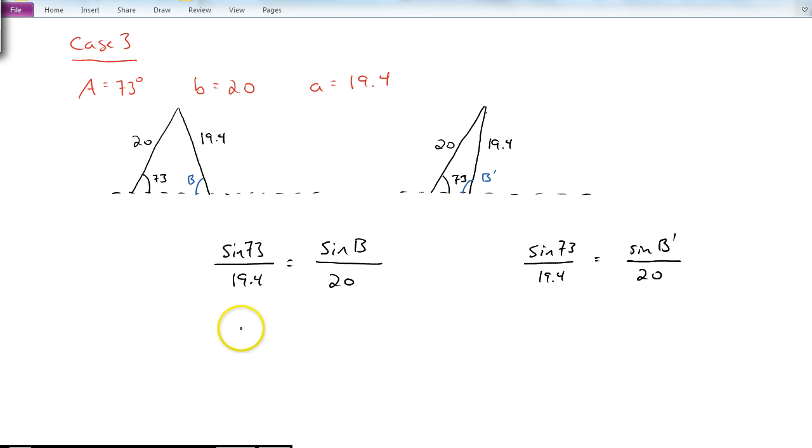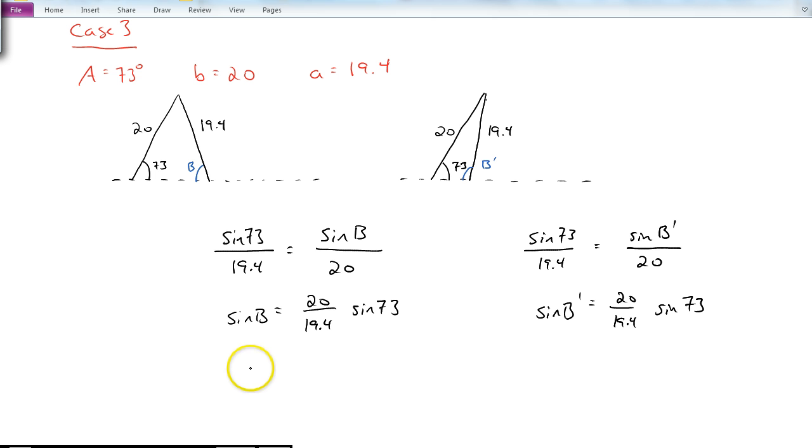I get the sine of B is equal to 20 over 19.4 times the sine of 73, and the sine of B prime is equal to 20 over 19.4 sine of 73. And if I solved for B, I would get the inverse sine of 20 over 19.4 times the sine of 73.